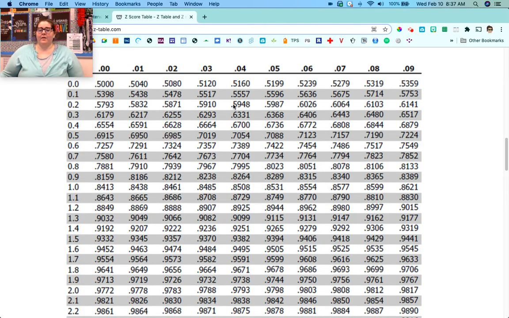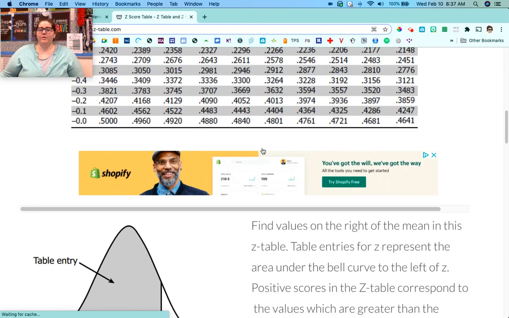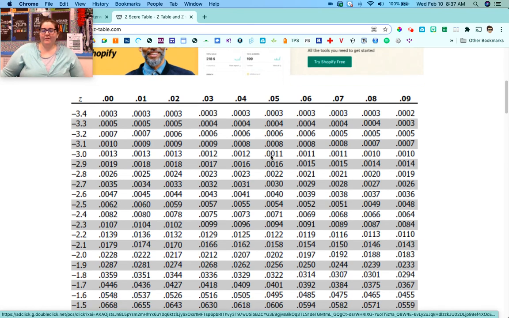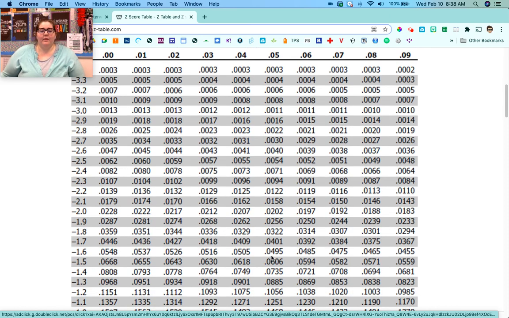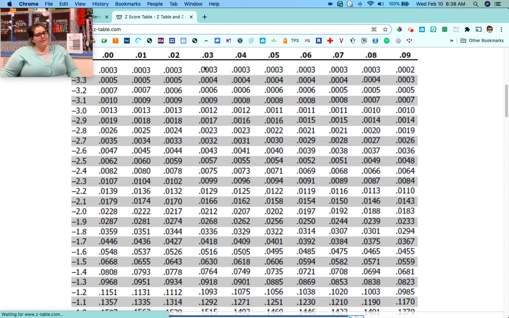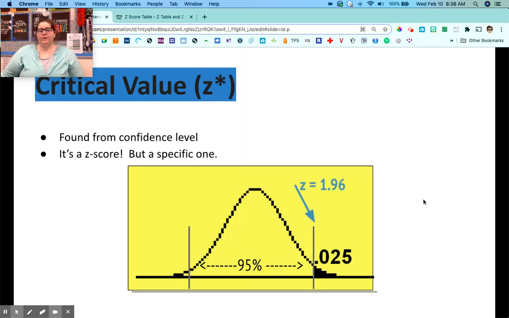So I could go to my z-table and look up 0.025, which would give me the negative version of that z-score. 0.975 would give me the positive version. It doesn't matter which you look up, because we're just going to add and subtract it anyway. But 0.025 is right here, which is negative 1.96.